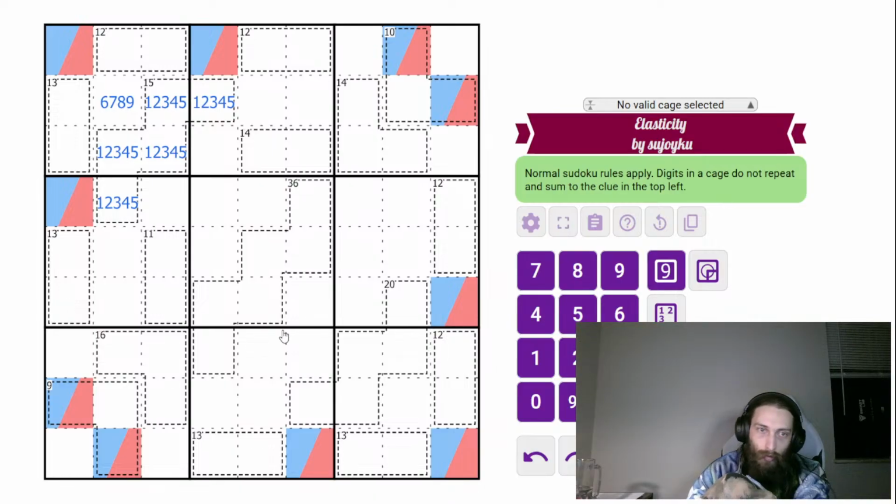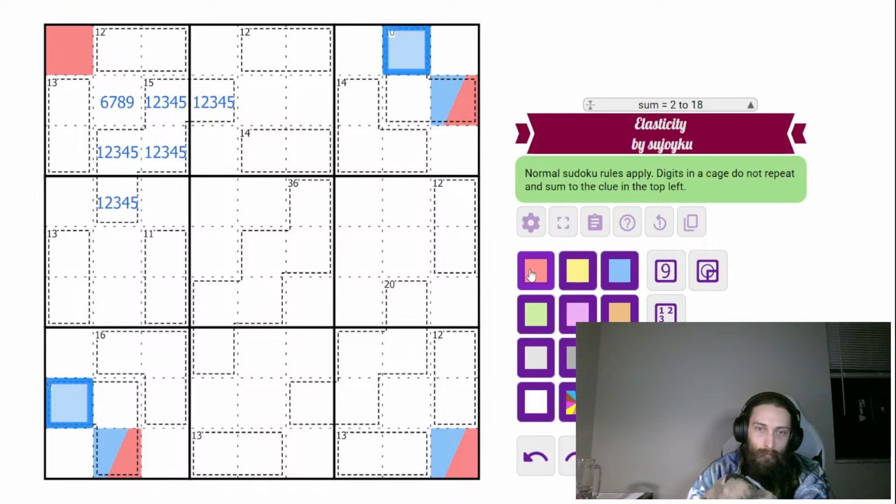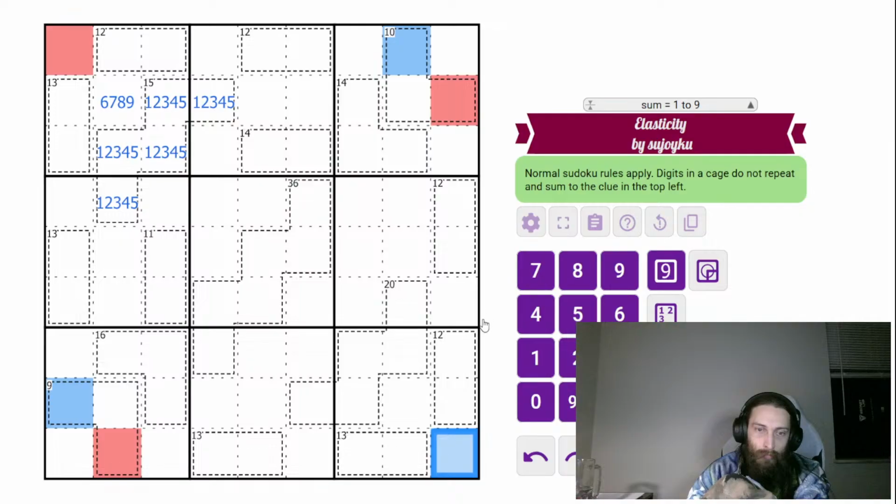Well, if it is those two, well then, how about not those? And then say make this one red. Then this one would be ruled out.